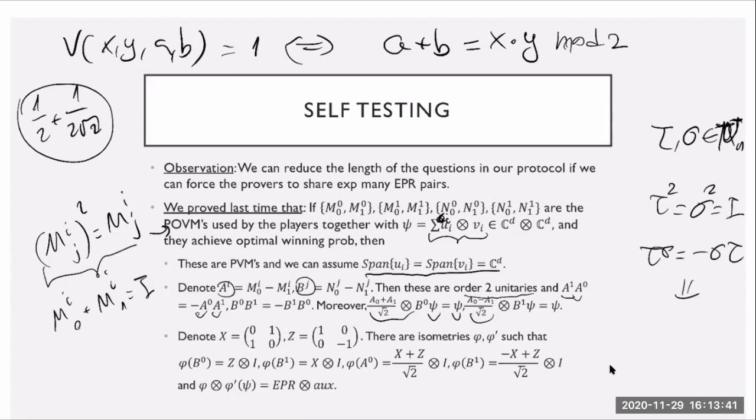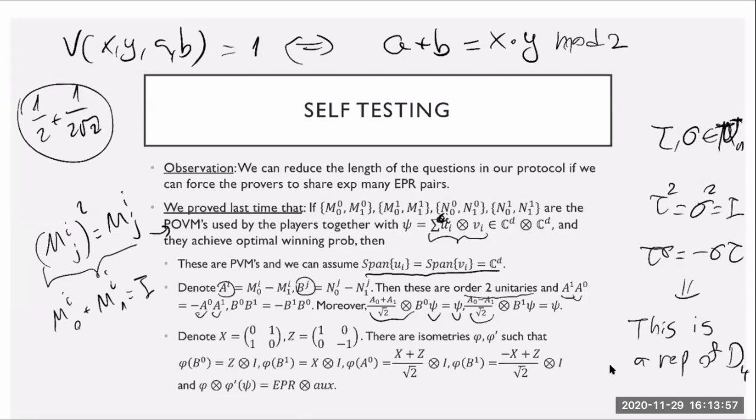You can automatically deduce that this is a representation of the dihedral group with 8 elements, so the isometries of the square inside the plane.